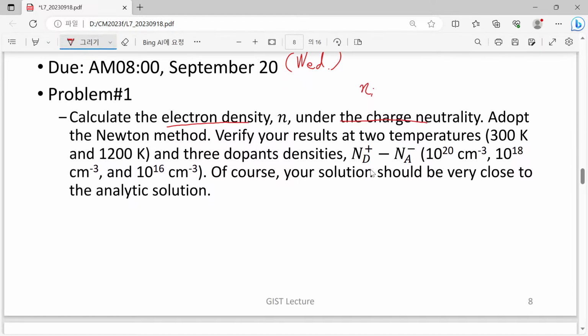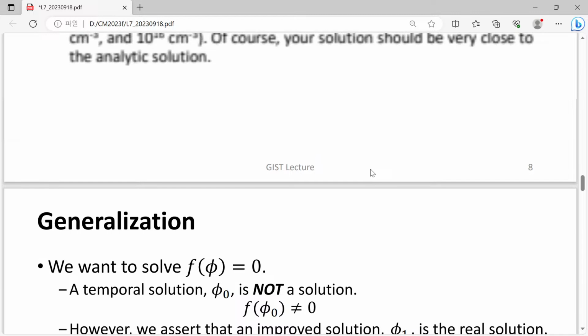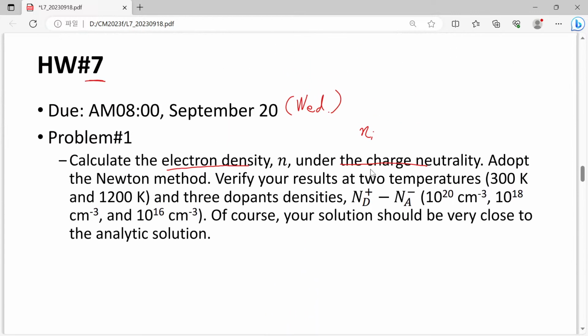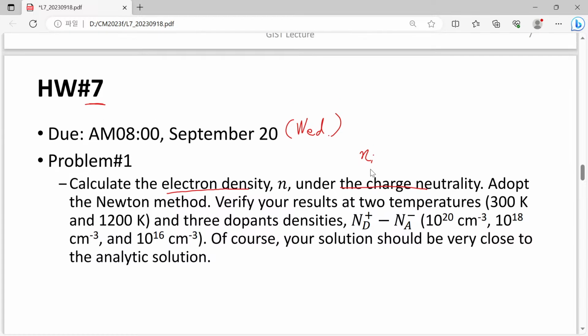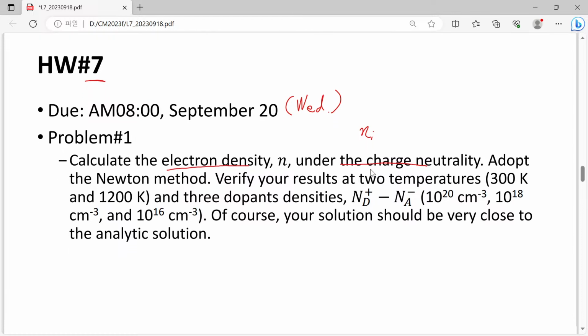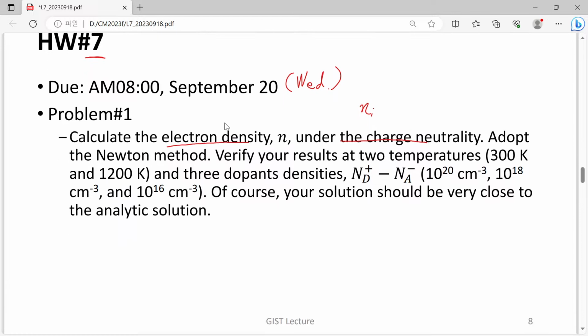I'm not so sure. Have you already considered this intrinsic carrier density before? Okay. Oh, sorry about that. Previously we have already introduced the expression for intrinsic carrier density as a function of temperature.